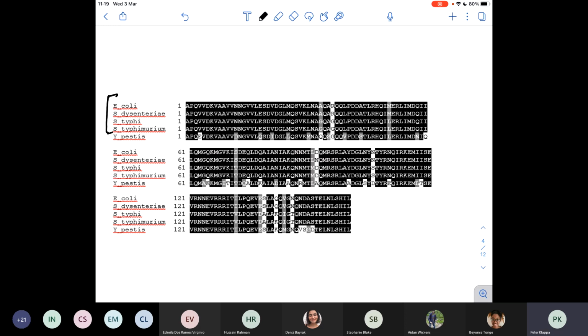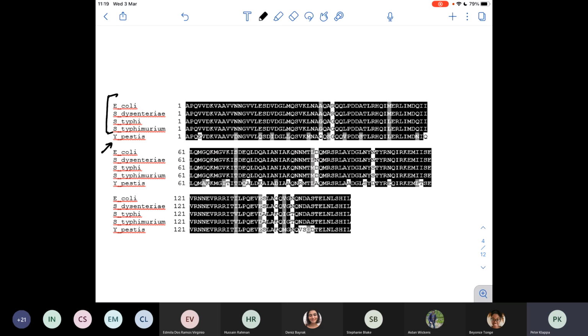But if you compare, for example, one of the binding sites in this particular protein with another relative, in this case Yersinia pestis, the bacterium that causes the plague, you find that they are slightly less related and you find differences. They have the same protein, but you can work your way through.